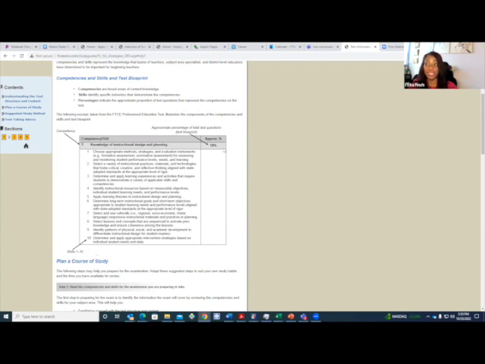This competency is worth 18% of the test, okay? So take a minute, digest that information. When you're looking at the test, this is showing you where the competency is. Each competency has a varying amount of skills based on that competency, and then you know the percentage of the test that falls under.